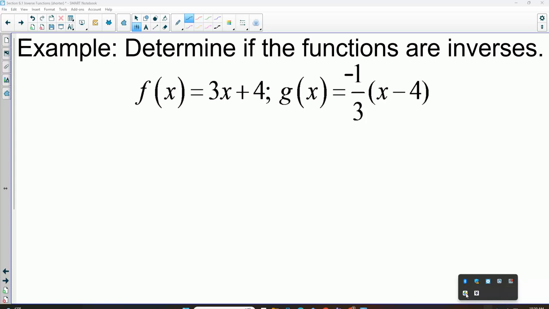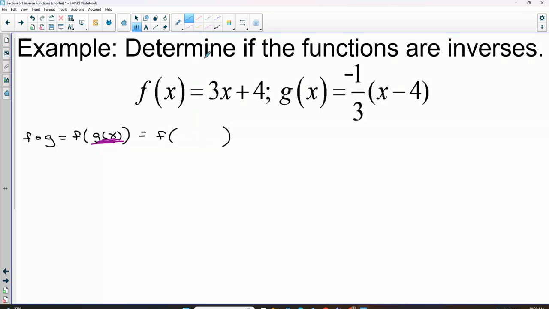All right, so we have to check our compositions. F composed with G means F of G of X. Start on the inside. So, G was this.